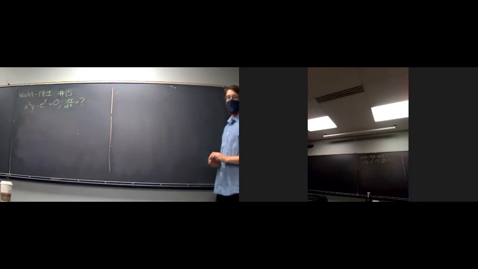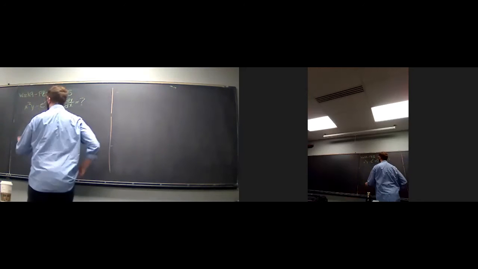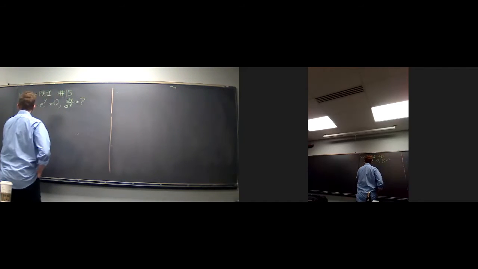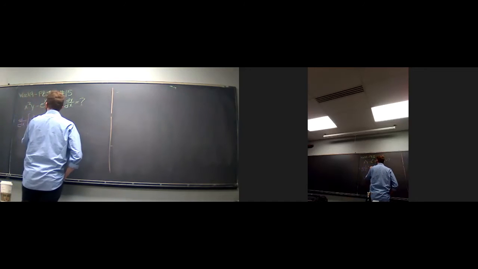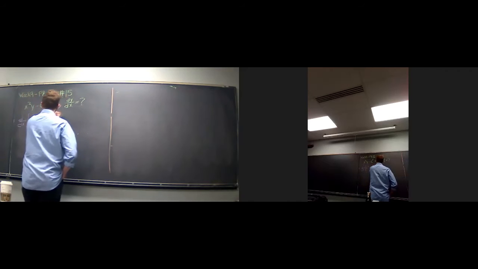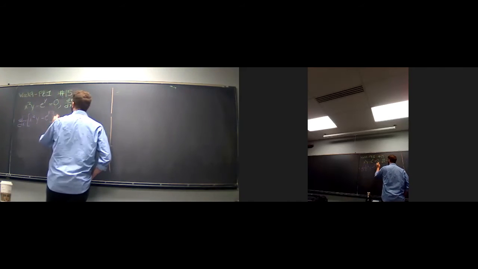So we're going to have to apply implicit differentiation here. Taking the derivative of both sides, d dx of x squared y minus e to the y is equal to, well, the derivative of 0 is going to be 0.